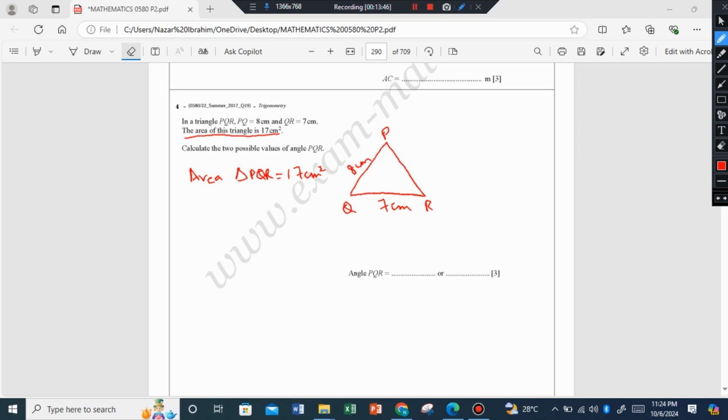Whenever I see the area term in a non-right angled triangle, a triangle which is not containing a right angle, I should think of the area formula of a non-right angled triangle.